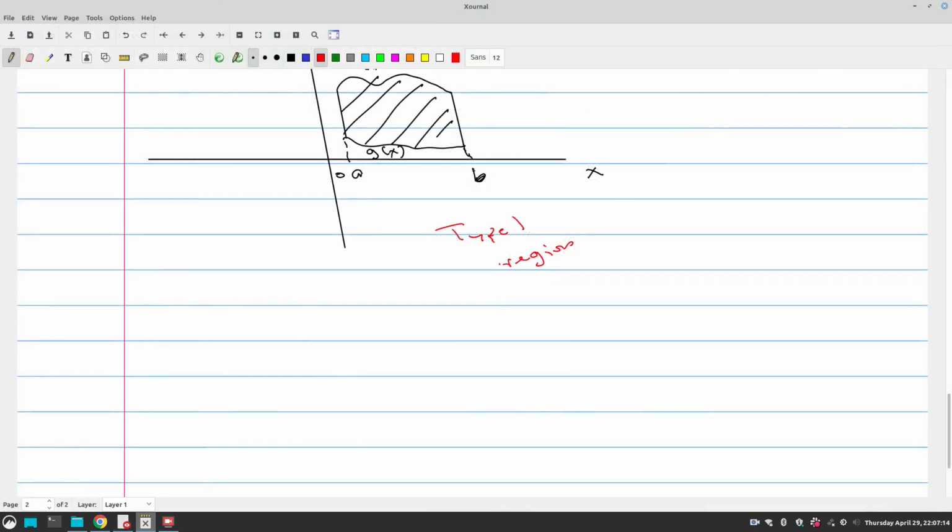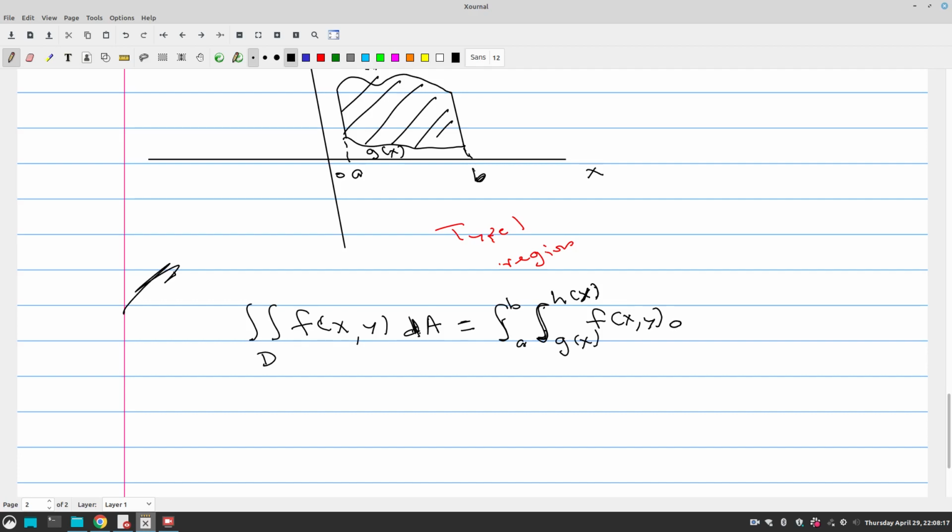So the integration of f(x, y) over the region D, where D is of course a type 1 region, can be written as: integrate over x later, first you integrate over y from g(x) to h(x) of f(x, y) dy dx.